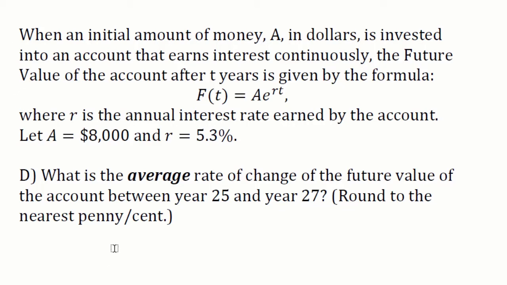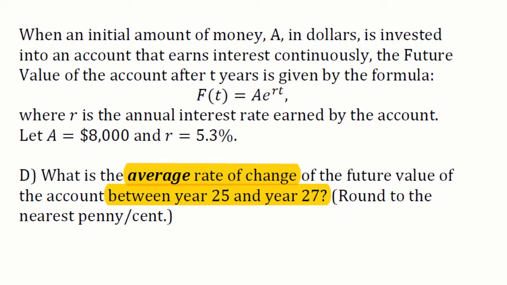So this problem in part D is looking for the average rate of change of the future value in the account between year 25 and year 27. So we have a definite, finite interval to work with.